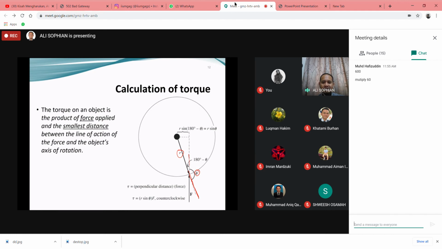So if this is theta, this angle will be 180 minus theta, and so this distance, the smallest distance, will be R times sine of this angle, which is 180 minus theta. If you check the trigonometric identity, sine of 180 minus theta is also equal to sine theta. So this is the simplest form to calculate the torque for this scenario.